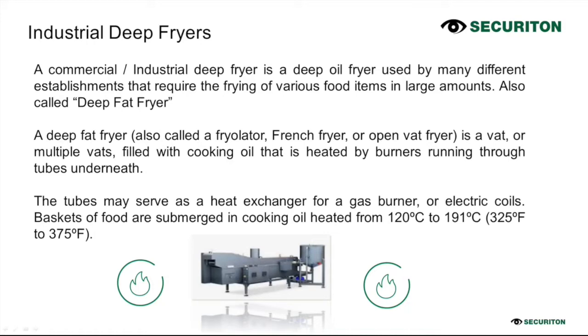Why is it called a vat fryer? Because there are multiple vats in it, which are filled with cooking oil and then heated up by a burner running through tubes underneath. An industrial fryer can operate in many forms in terms of temperature, and mostly it works in a very high temperature range that normally starts from 120 degrees and above.